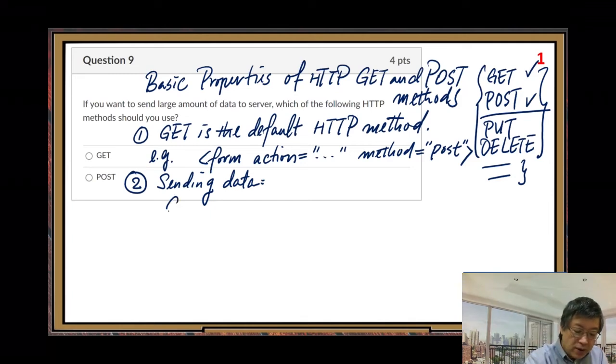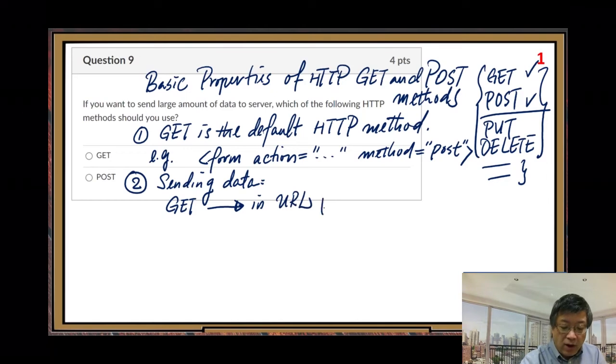When you use the GET method, the data is stored in the URL part of the request line.